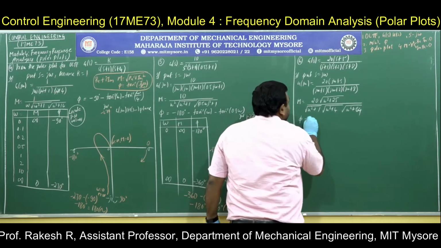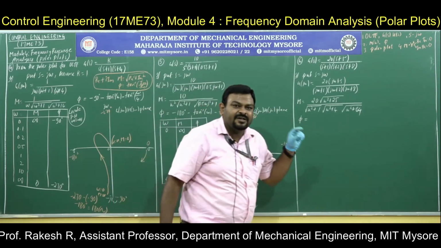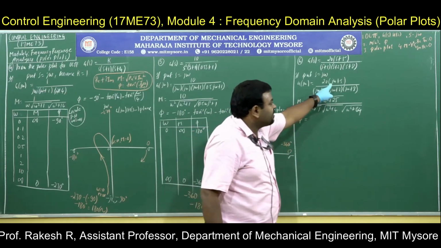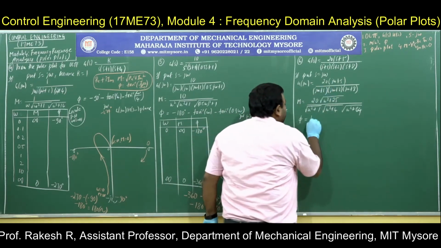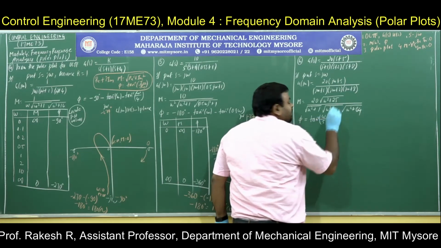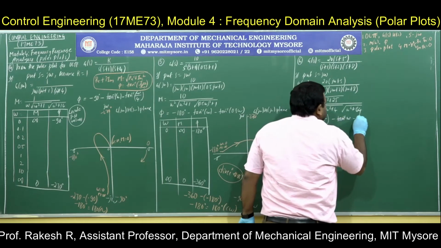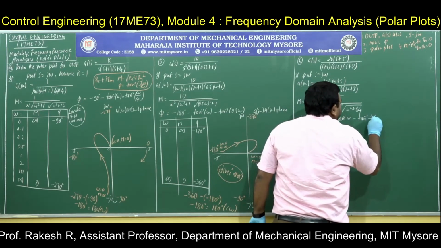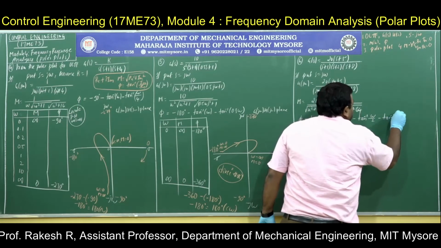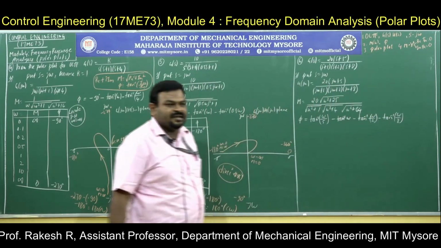Earlier we were directly taking negative because there were no terms in the numerator. So here there is a term in the numerator. So tan inverse of omega over 5, imaginary part is omega, real part is 5, minus tan inverse of omega, minus tan inverse of omega by 2, minus tan inverse of omega by 8. So this is the phase angle.